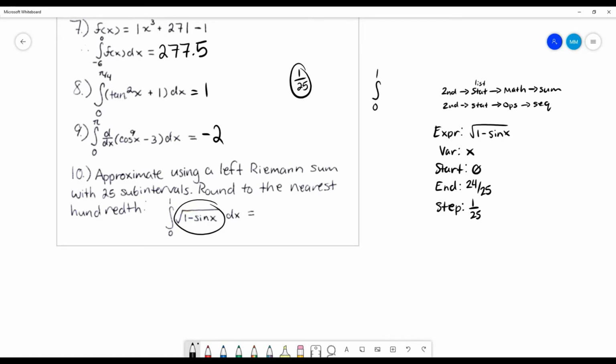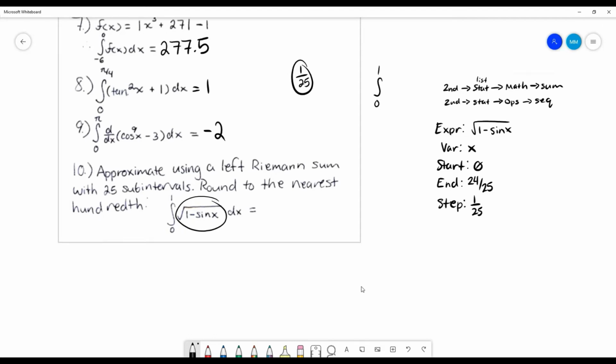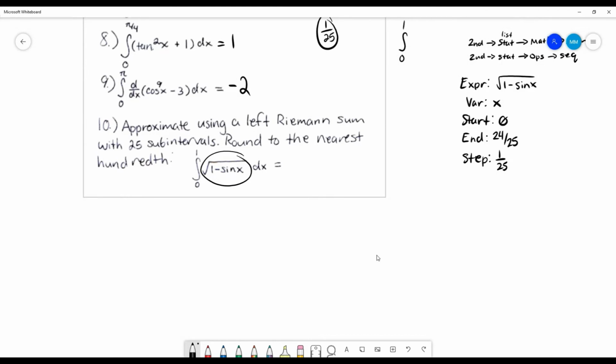And that gets me 18 point something, but that is not my answer yet, because all that gives me is the sum of the heights on my graph, right? So if our function was, say, something like sine of x, and it was like this, doing that would just give me all of these heights, but it wouldn't give me the areas because I'm not multiplying by this distance, if that makes sense.